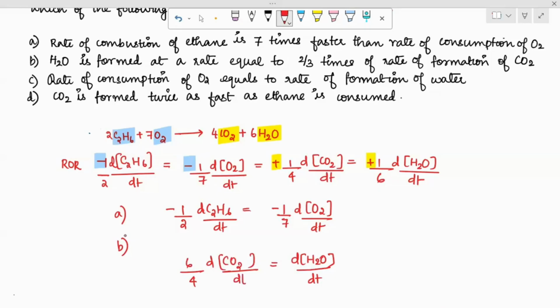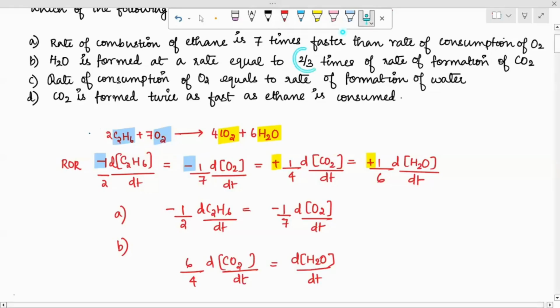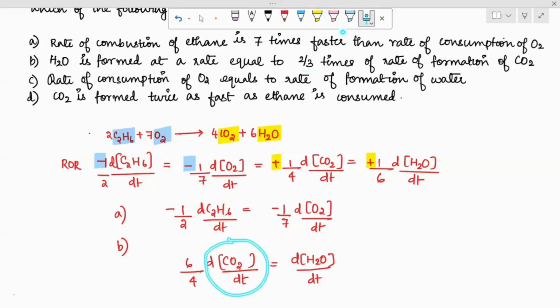Correct? So this says rate of formation of water is equal to 2 by 3 times rate of formation of CO2. But it is 3 by 2 times from the calculation that we are doing, but in the options it is given 2 by 3, so that is also wrong.